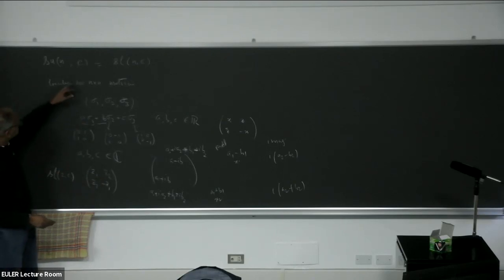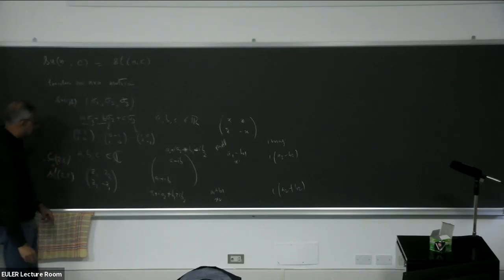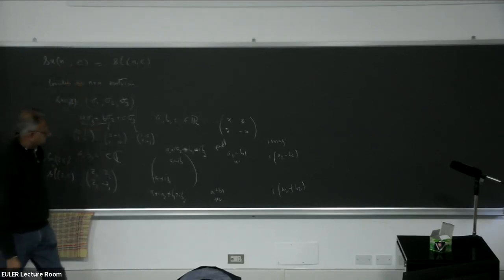So that's why one says that once you complexify SU2, that's the same as SL2C. Here I was considering real. This is the same as SL2C. And the same thing happens for SLN. SLN versus SUN, once you complexify SUN.